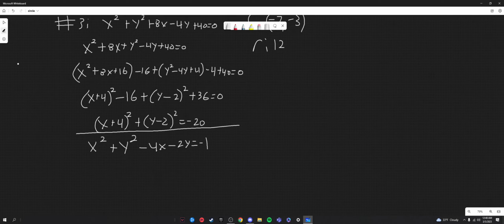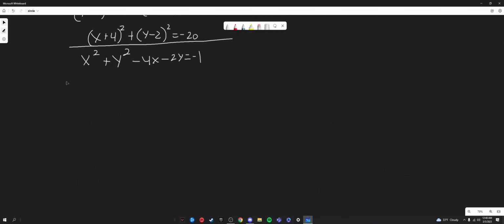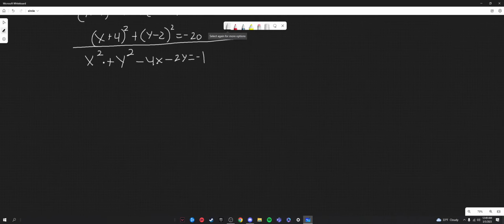So once again, let me move this down. We're going to move all the x's and y's to be next to each other. So we'll have x squared minus 4x plus y squared minus 2y. This equals -1. Now from here we can once again complete the square.